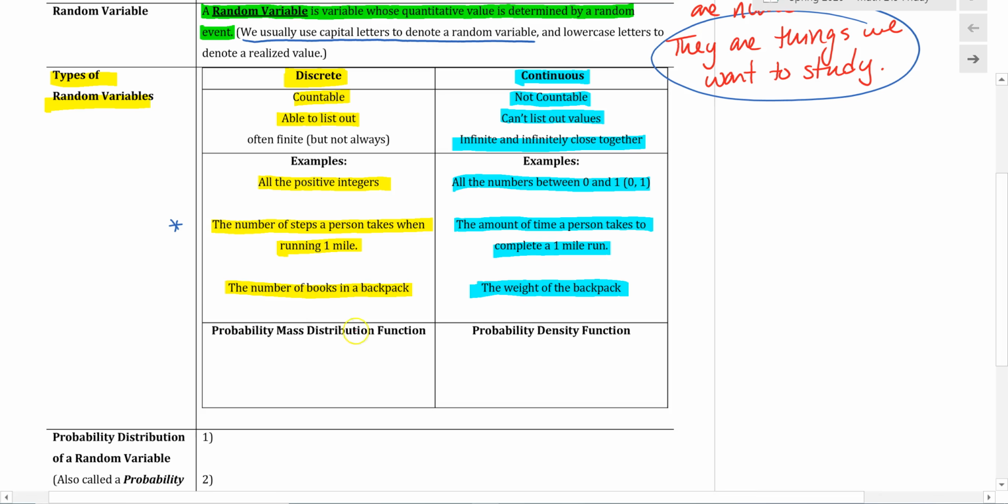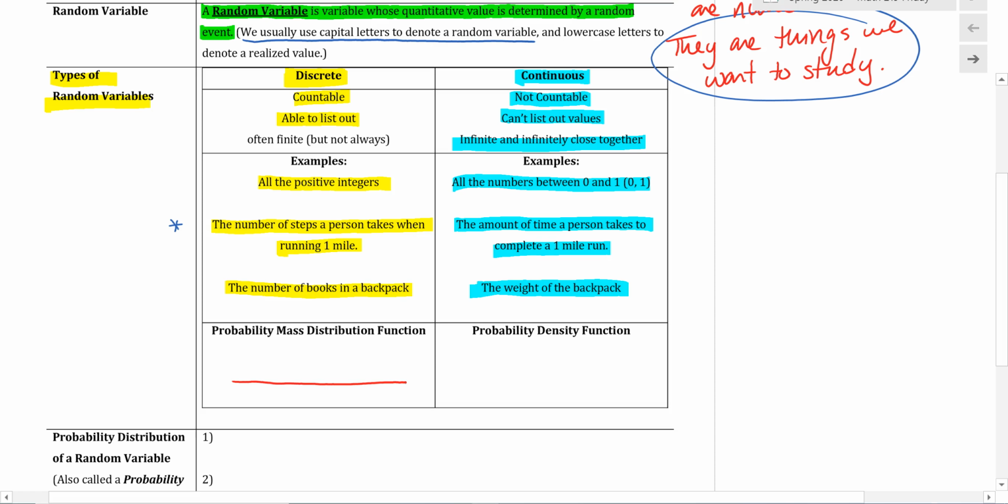Now here's a big scary word, a probability mass distribution function. What that means is basically if we were to draw a graph of all the possible outcomes that can occur and list how many times they occur, basically a histogram is what I'm talking about. They call it a probability mass distribution function.